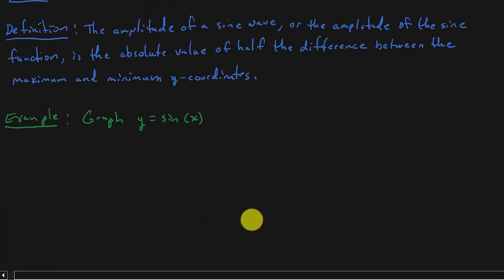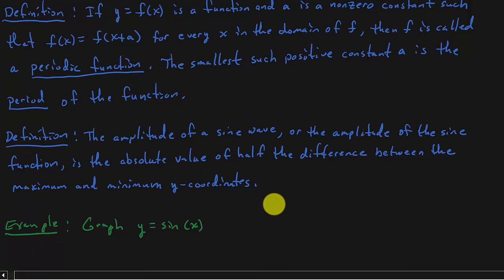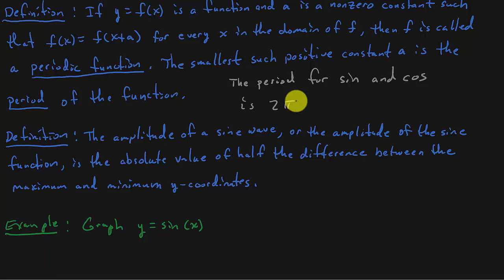Now, the one thing I want to mention before we move on is that the period for sine and cosine is 2 pi. It repeats every 2 pi.